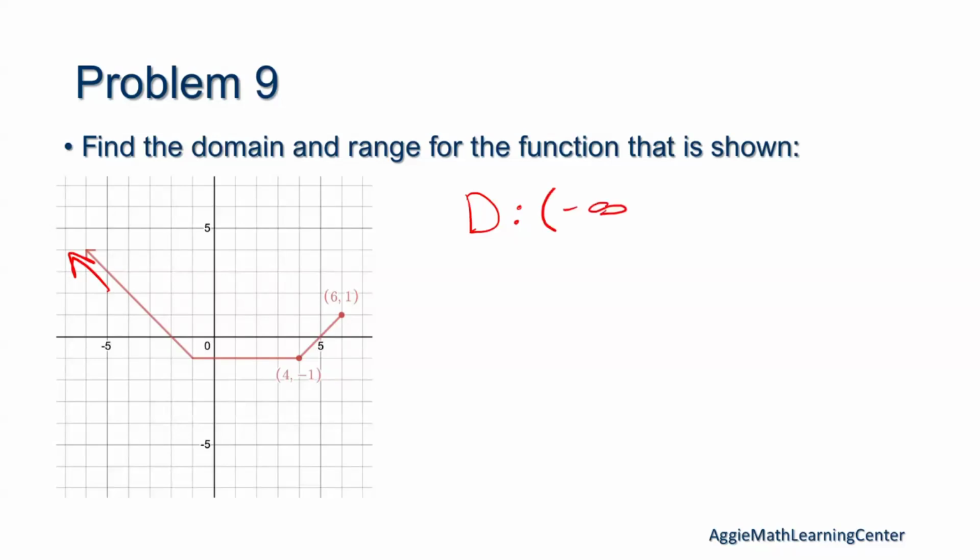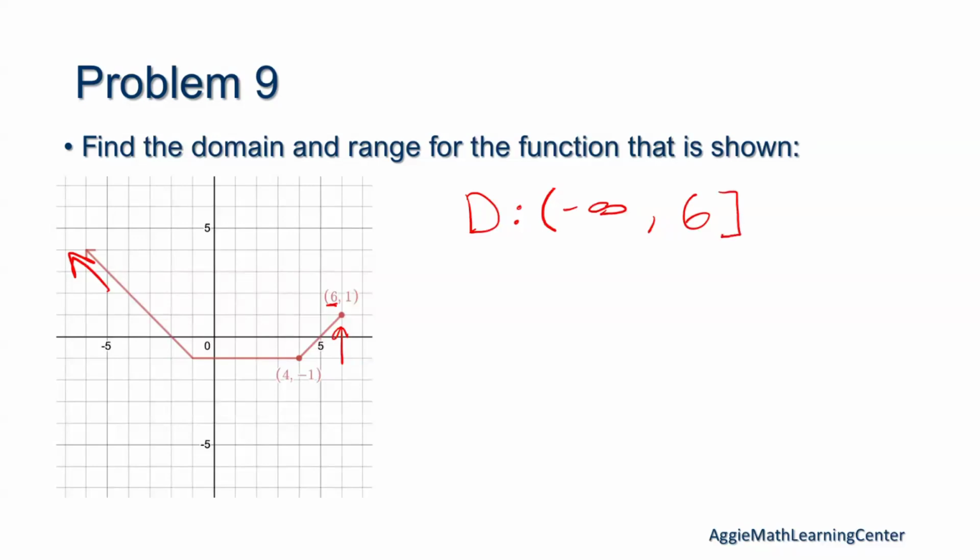We use this parenthesis because of the reason Megan explained, that negative infinity isn't a number. And then it doesn't break all the way up until this value here. And then we don't have any more x inputs after that. So this x value is 6, so we'll plug it in here. And then do you think it's going to be a closed bracket or a parenthesis? Close. Exactly, yep.